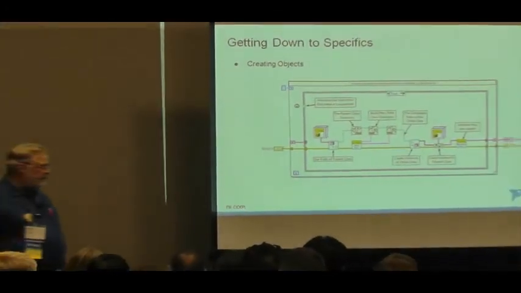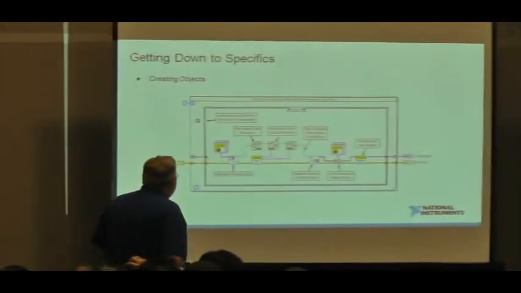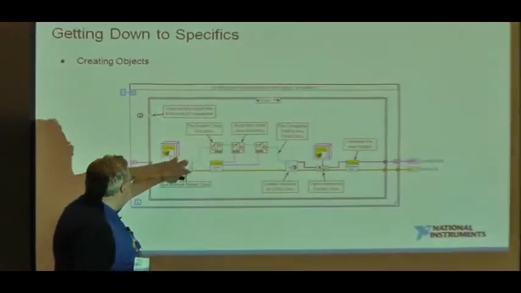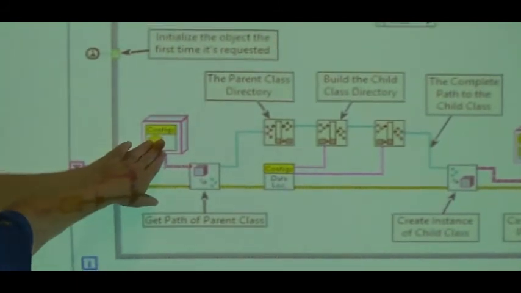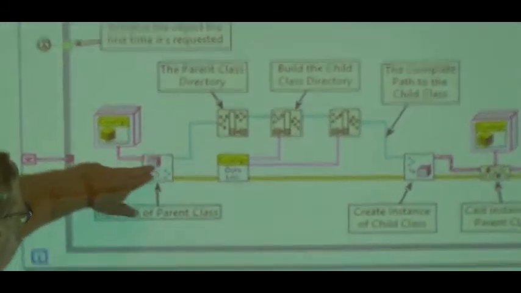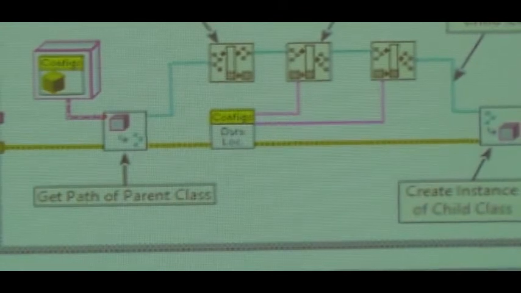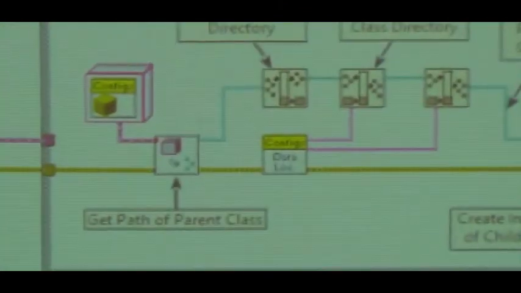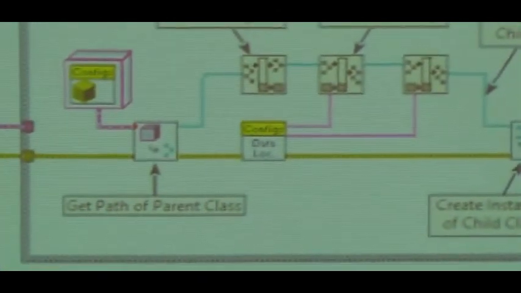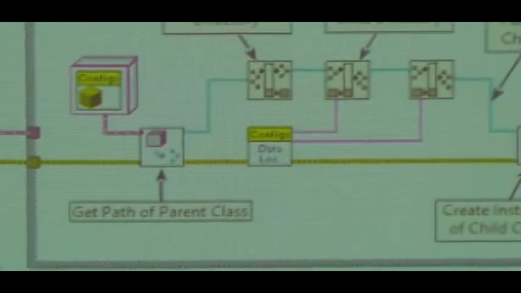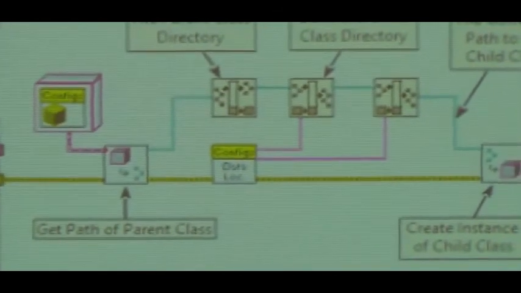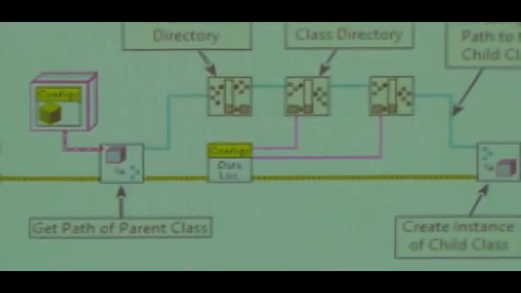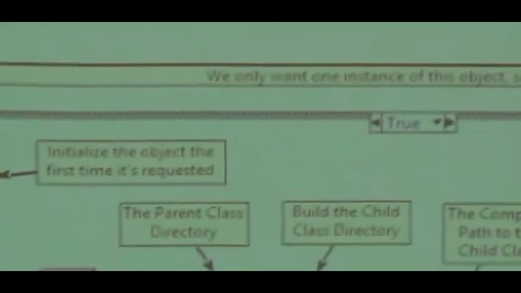Okay? So the solution here is to load your classes dynamically. And that's what this code here does. Basically, here's an instance of the parent class. This function here returns the path to the parent class. And because I've been using my naming and directory structure conventions, if I know where the parent class is, I can find any of the child classes, because I'm using the same convention throughout.